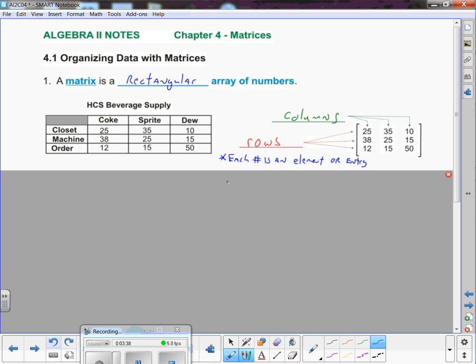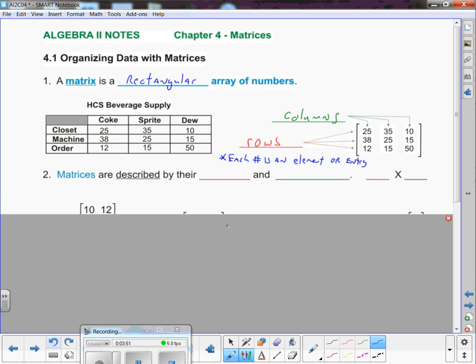So the 25 on the top left is an element or an entry. The 35, row 1, column 2 is an element, entry, et cetera. So you got rows and columns, and each number of the matrix is called an element or an entry.